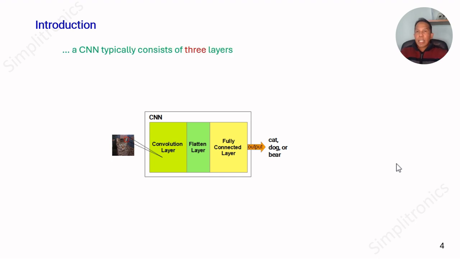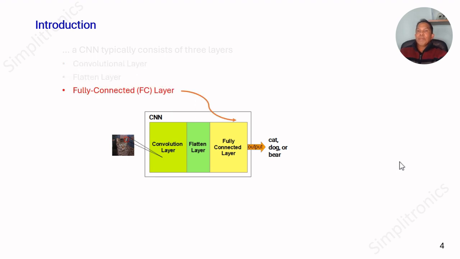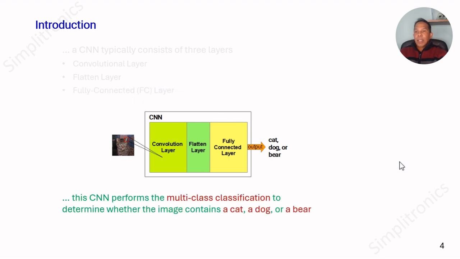A CNN typically consists of three layers: convolutional layer, the flattened layer, and the fully connected layer. This CNN performs multi-class classification to determine whether the image contains one of the following animals: a cat, a dog, or a bear.